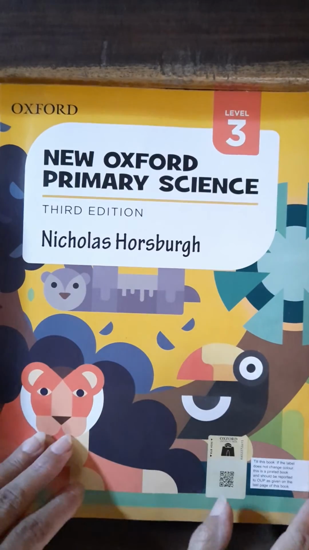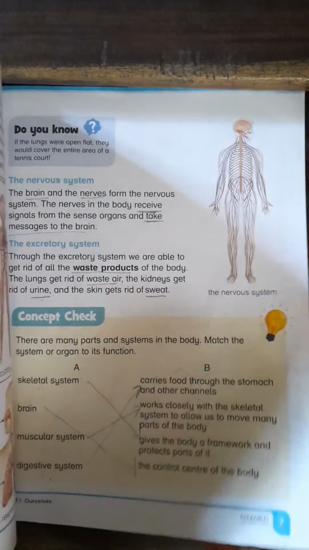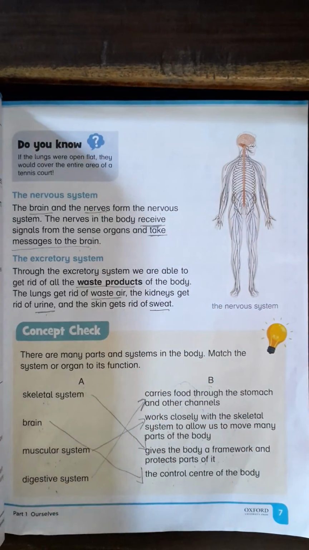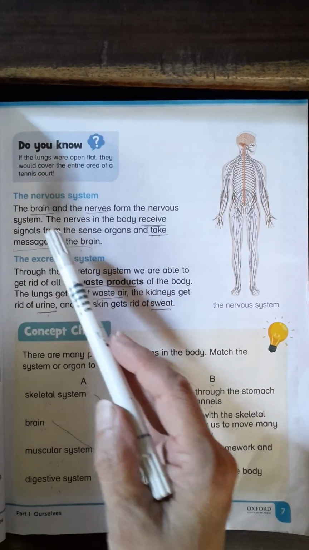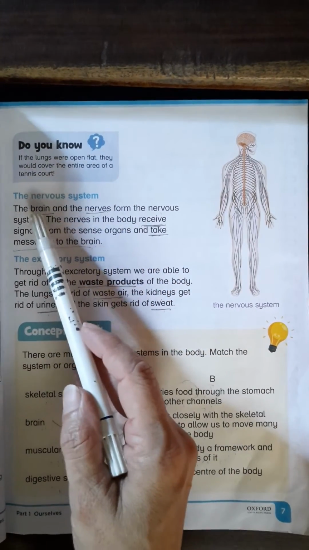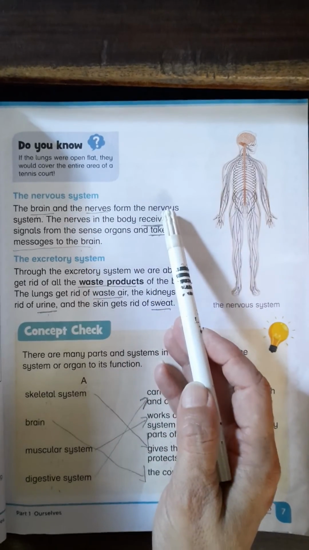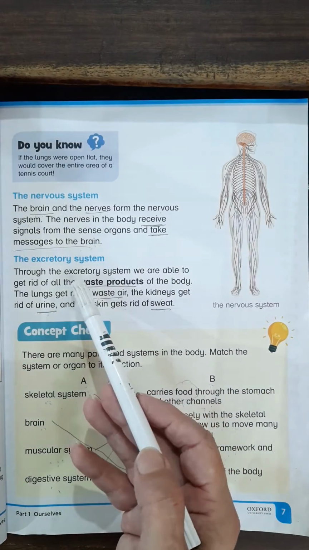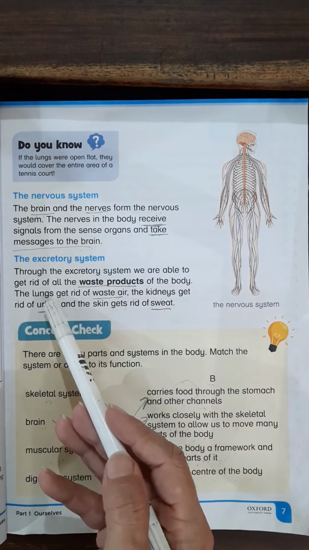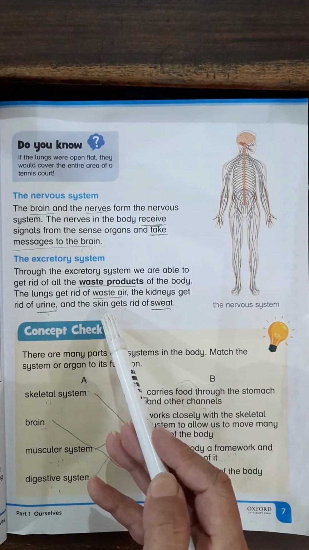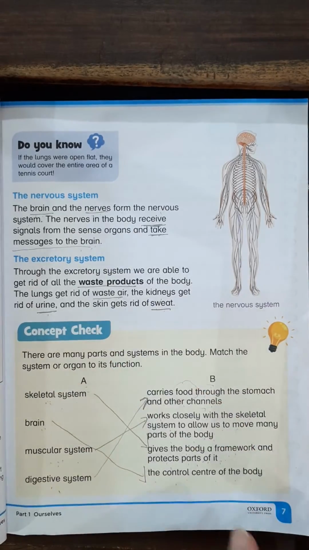I am going to give you some more examples from the same unit, as question answers are very much important. For example, which organs make the nervous system? The brain and the nerves make the nervous system. Which organs make the excretory system? The kidneys, the lungs and the skin etc. make the excretory system.